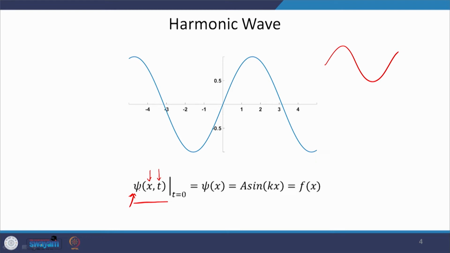Now, this wave function at t equal to 0 would be represented by psi as a function of x. Since it is a harmonic wave, or a sinusoidal wave, generally we can write it as a sin kx. Now, you may ask, initially there was no k, how come k is appearing, how come a is appearing? A represents the amplitude of the wave.